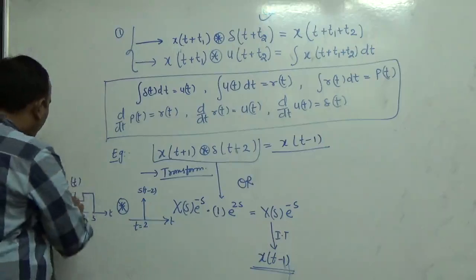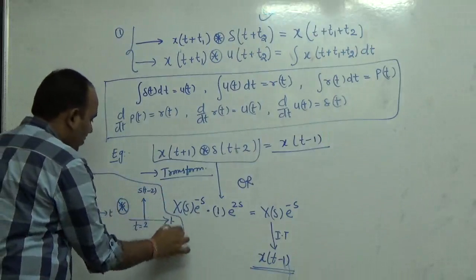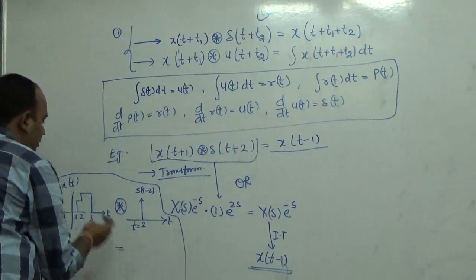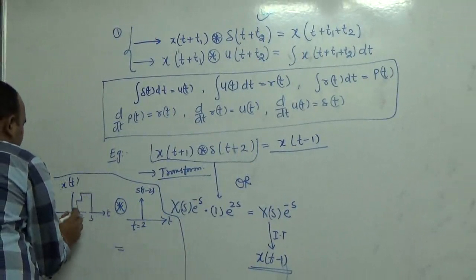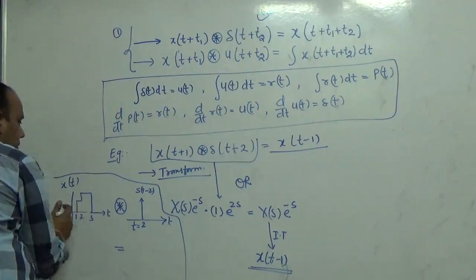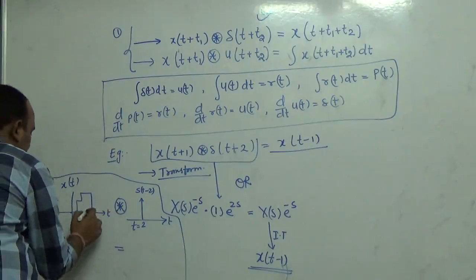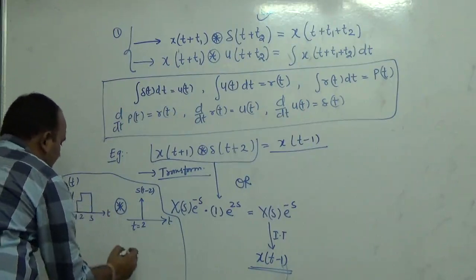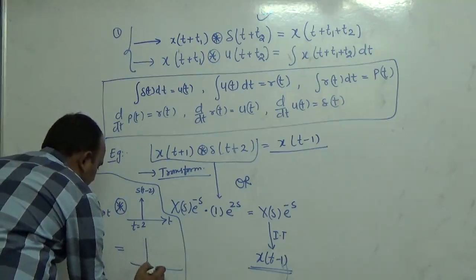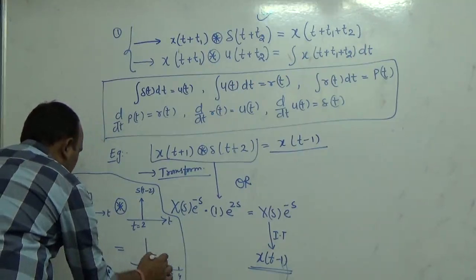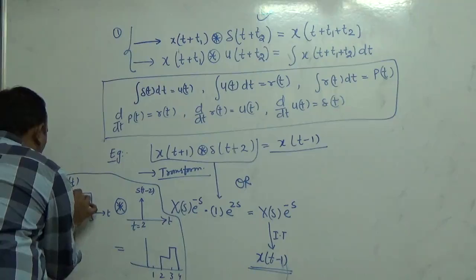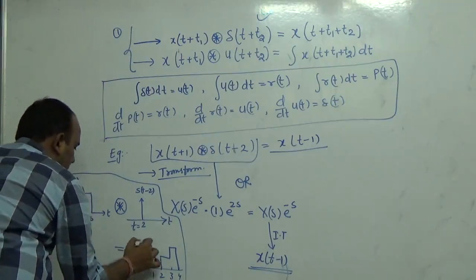If we have to perform this operation, then the result you will get will be x(t-1). T minus 1 means it will be shifted to the right side by 1 unit, so it becomes 2, 3, 4, and the height will be 1 and 2.